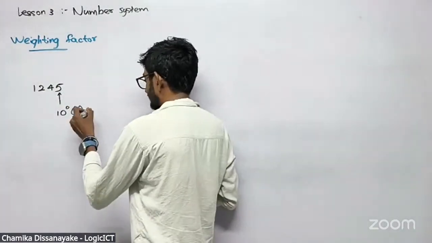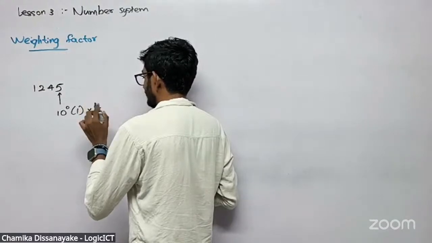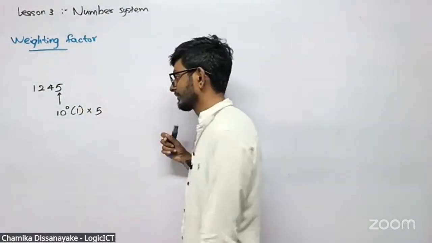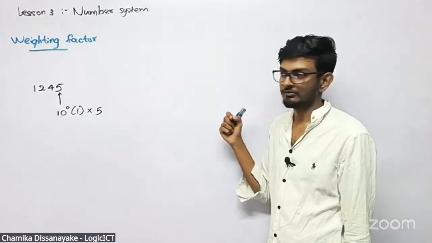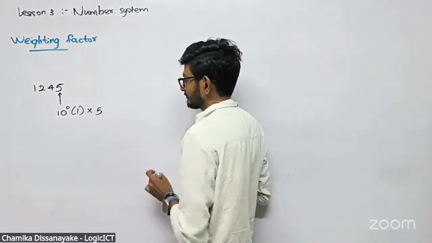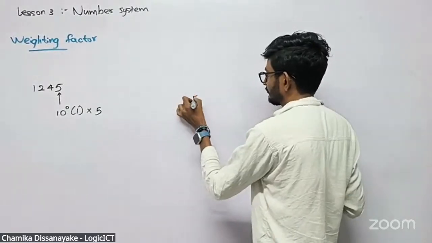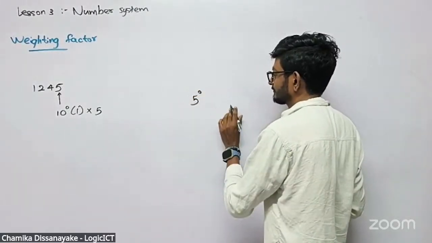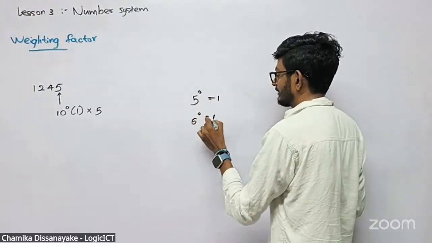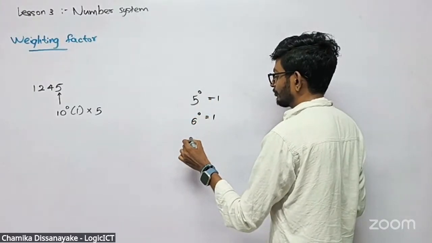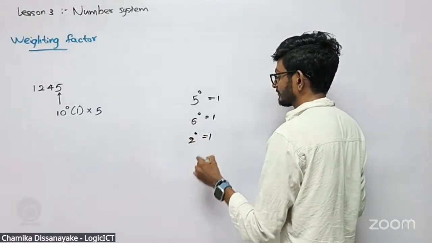In mathematics, any number to the power 0 is equal to 1. 5 to the power 0 is equal to 1. 6 to the power 0 is equal to 1. 2 to the power 0 is equal to 1.